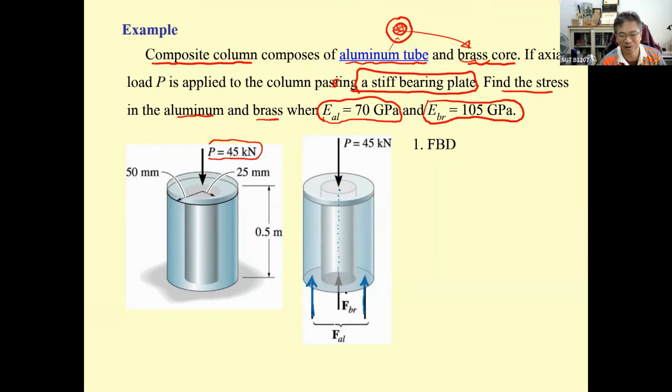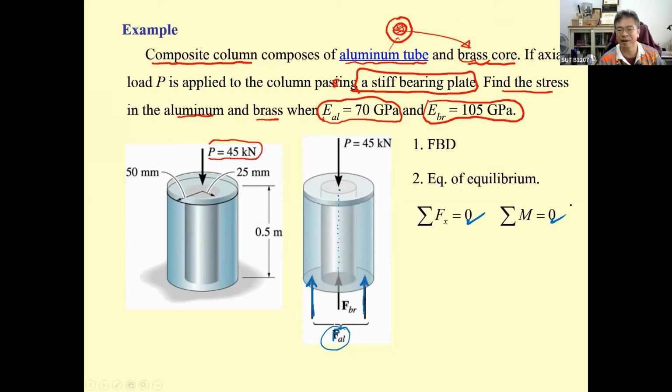And then you have this one for F sub AL, the combination of these two arrows is F sub AL. So summation of F sub x is automatically correct. Summation of moment also. So only the summation of F sub y.